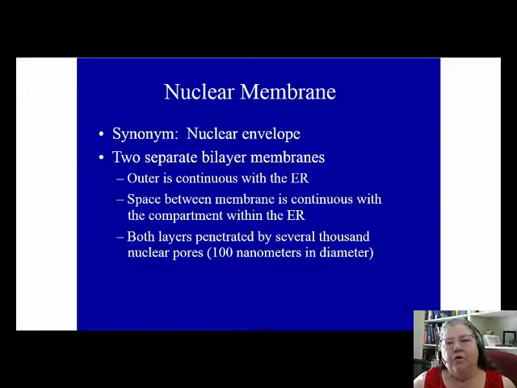The outer membrane is continuous with the membrane of the endoplasmic reticulum. So there's a space between those two membranes, the inner and outer nuclear membranes, that is also continuous with the space or the compartment within the endoplasmic reticulum. There are pores on both layers, and various things diffuse through those pores.